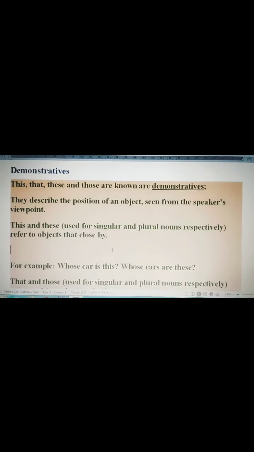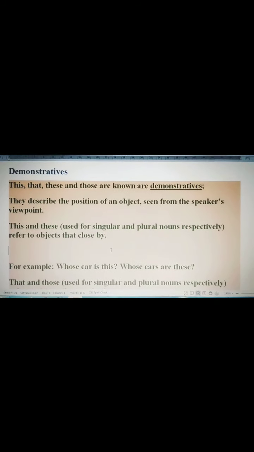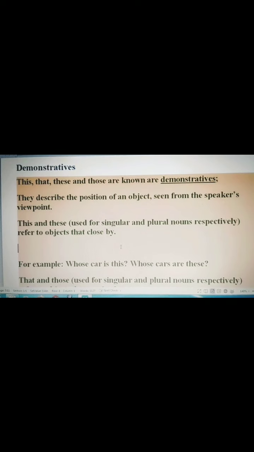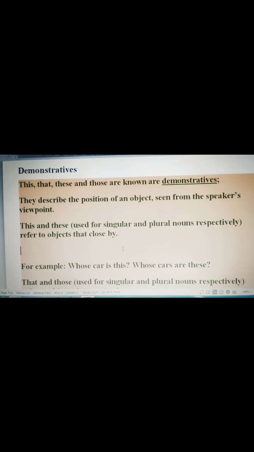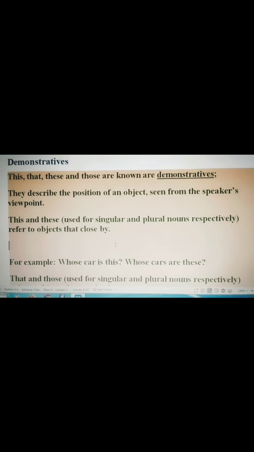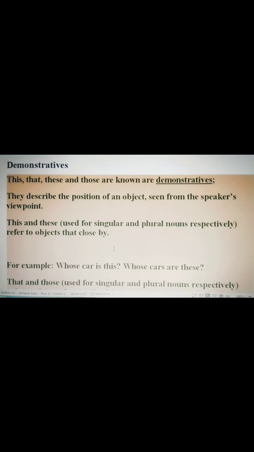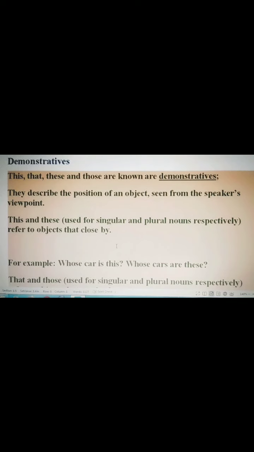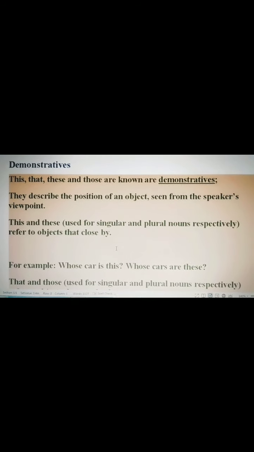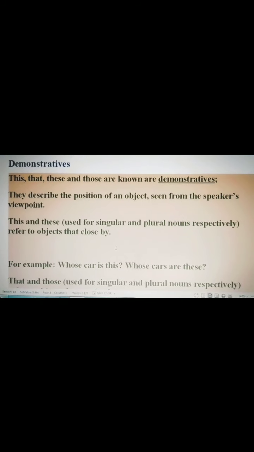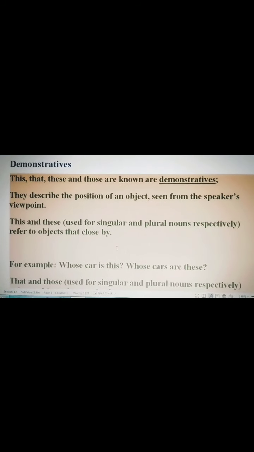Now we are taking another type of determiners, that is demonstratives. You remember in your junior classes, like the first standard, you might have gone through this, when you used to fill up the sentences with this, that, these, those. So these words, this, that, these, those, all together will be taken as the demonstrative determiners.